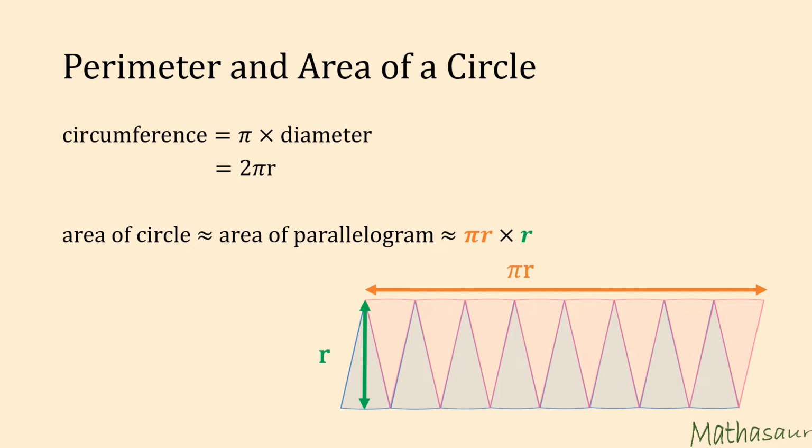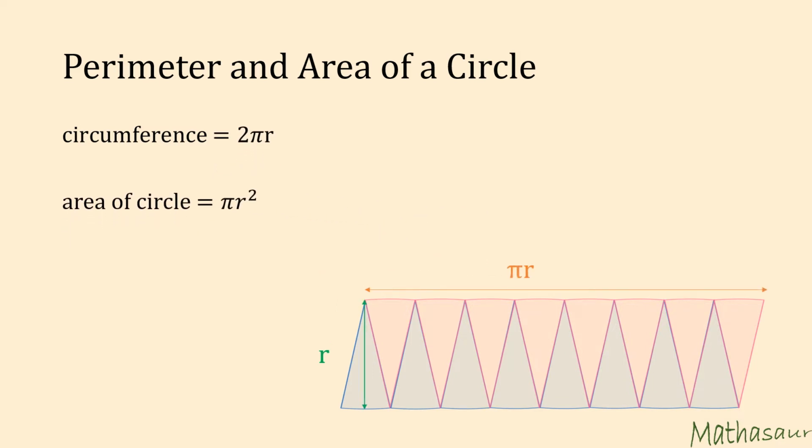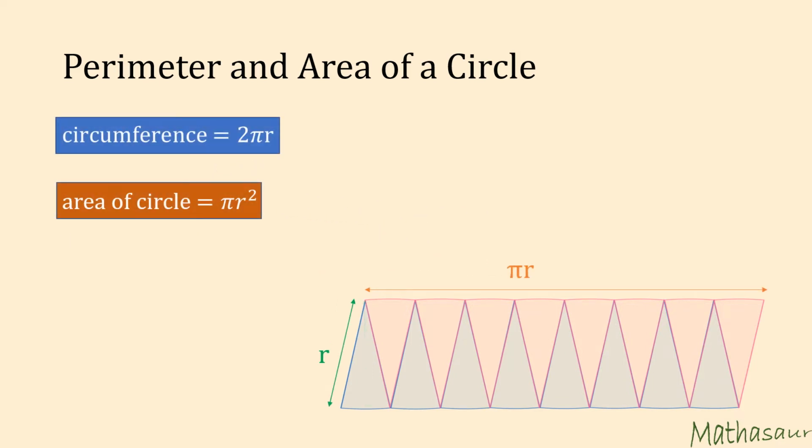So we see that area of parallelogram is equal to length times height. We are assuming the width of the parallelogram to be equal to its height here, and it comes out as pi r square. So the circumference of a circle is equal to 2 pi r, and the area of a circle is equal to pi times r square.